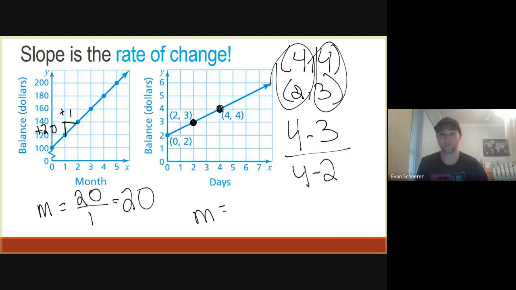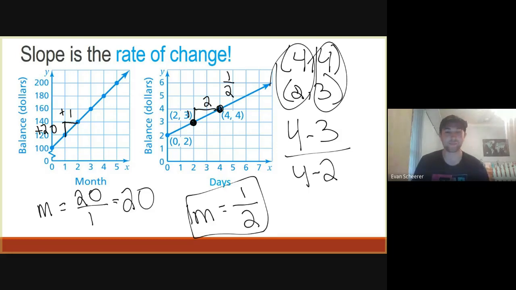So m is going to equal 4 minus 3, which is 1, over 4 minus 2, which is 2. So our slope here is 1/2. And notice we rise 1, we run 2. So that would be 1 over 2. It's the exact same thing. So that's a recap on how we're doing slope, and we're going to be doing that the exact same way today.